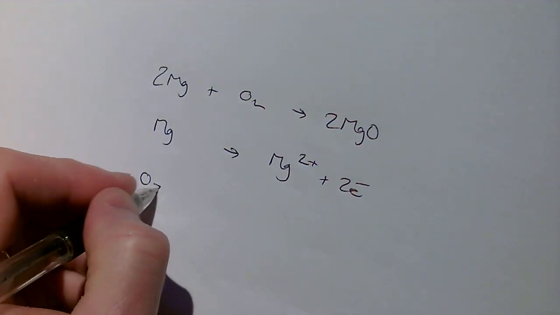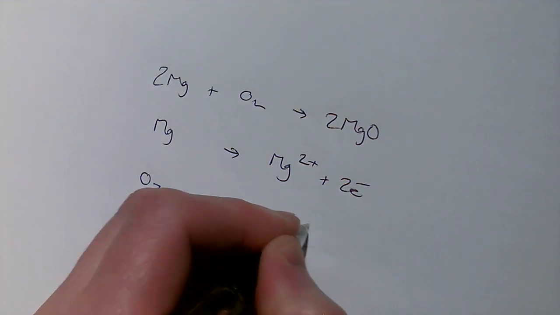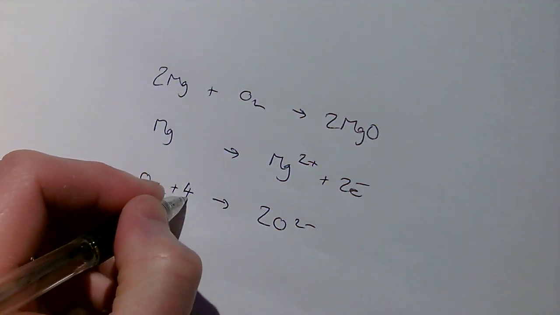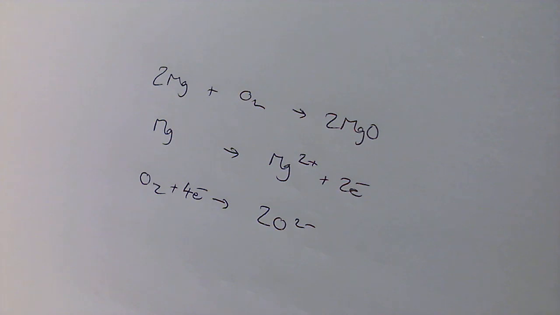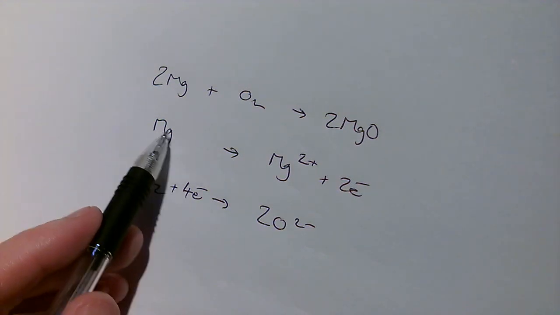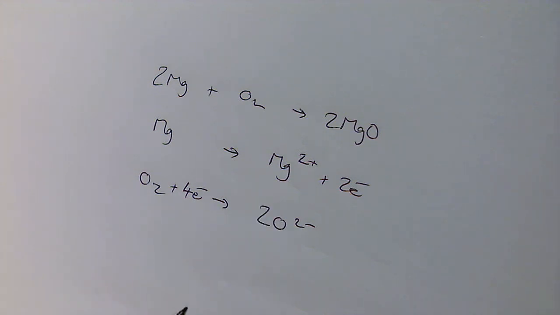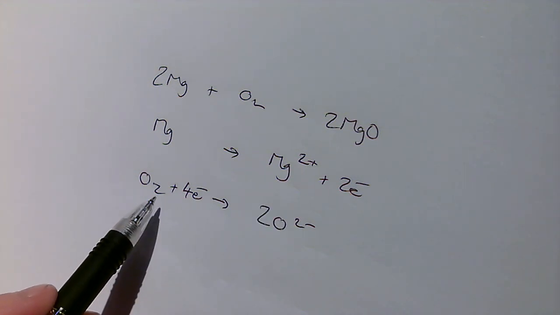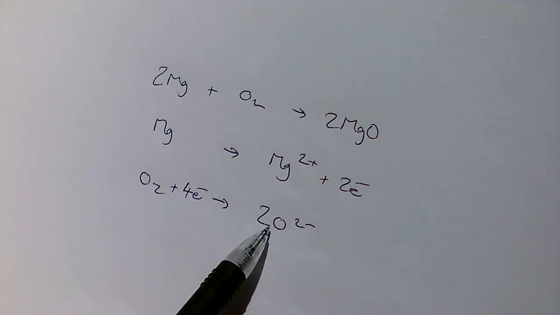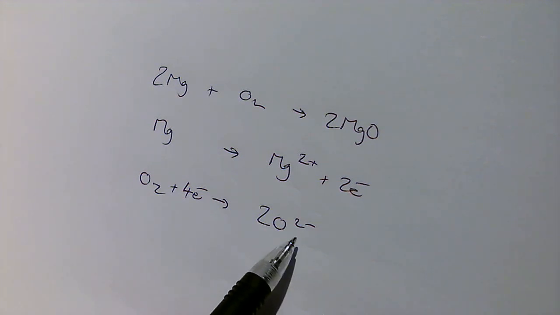The O2 became O2-, 2 of those, so I need plus 4 electrons on that side. So the magnesium has lost 2 electrons to become the magnesium ion, and the oxygen diatomic molecules have gained 4 electrons to become 2 oxide ions.